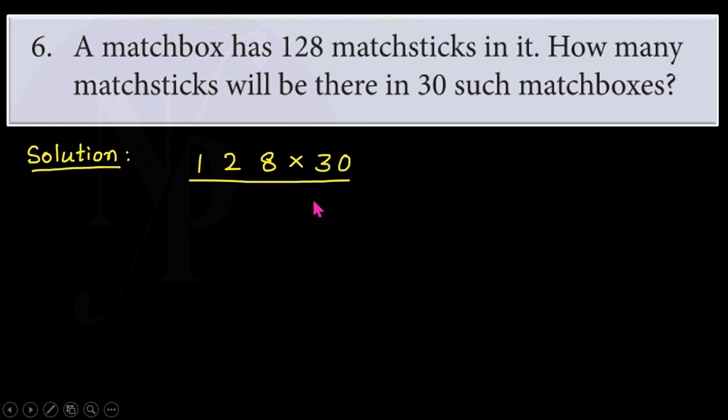Let's do it now. So 3 into 8. 3 8s are 24. So write 4 here. 2 is carried forward. And 3 2s are 6. 6 plus 2 is 8. 3 1s are 3. And we should put a 0 here, because in the multiplier we have 0 in ones place.